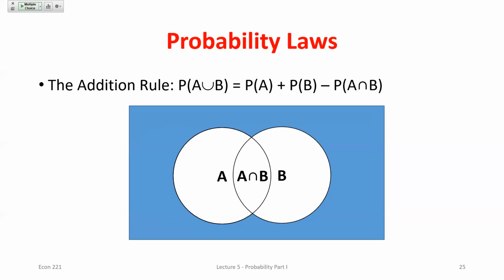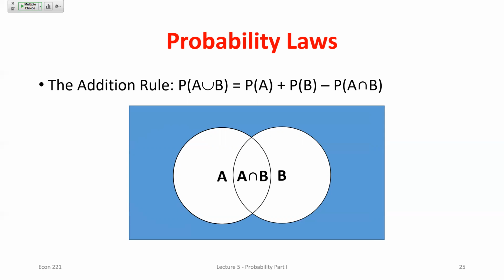If I simply took the probability of A, this circle A, and added to it the probability of B, that area of circle B, I'd be double counting whatever's in the middle. If I added this area to this area, I've counted what's in both of them twice. If I know that I've counted it twice, if I just subtract it out once, I've only counted it one time.